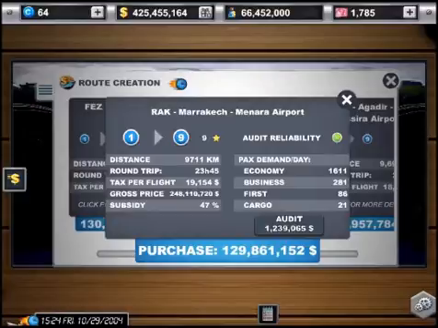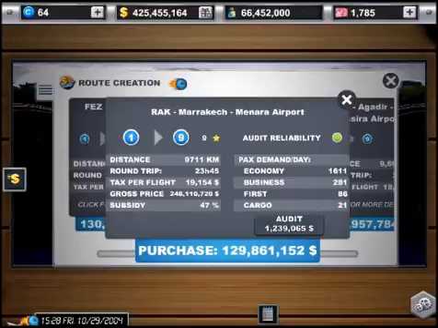And yeah, Marrakesh has pretty robust demand. I mean, 1,600 economy passengers. That's honestly almost enough to fill up an entire A380 with just economy customers. A little less than what we need. I think the A380 could carry like 840 economy only configuration, so that would mean we would need like 1,680 or 1,700-ish passengers, so not quite there.